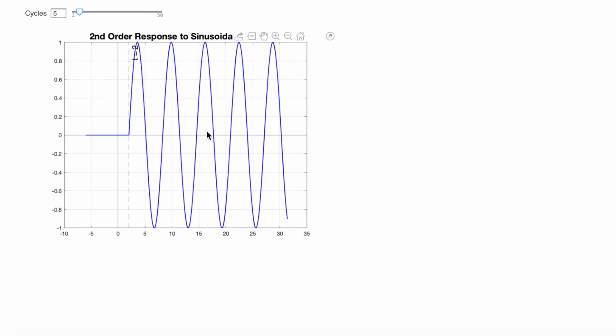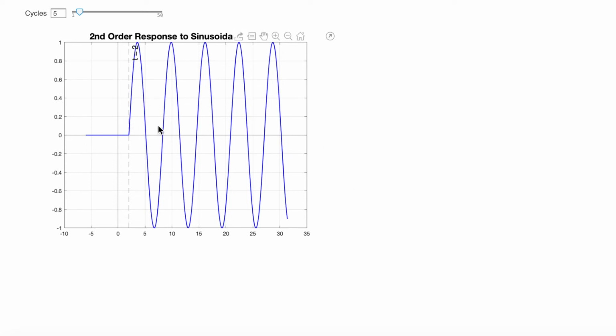So now we have 5 cycles, so that will be 5 times 2 pi over here, plus, actually minus 2, but we can see that the input doesn't change before t equals 2. When t is before 2 it is 0, and then it turns on. So that's the beauty really of the Heaviside step.